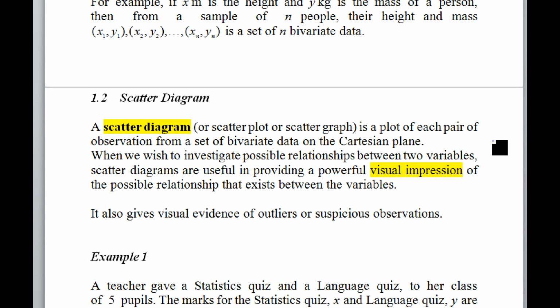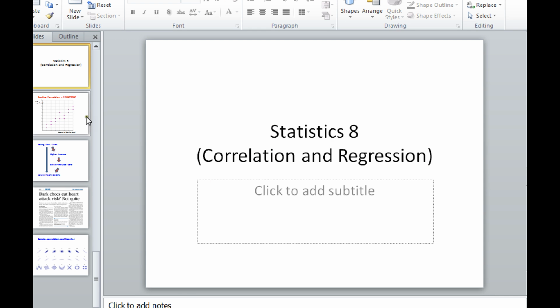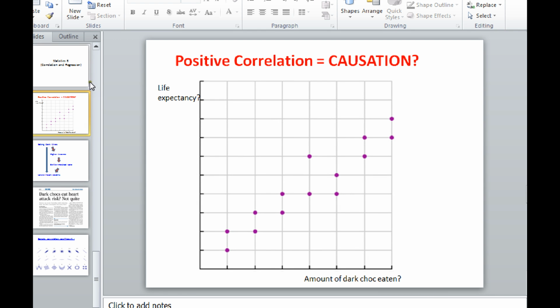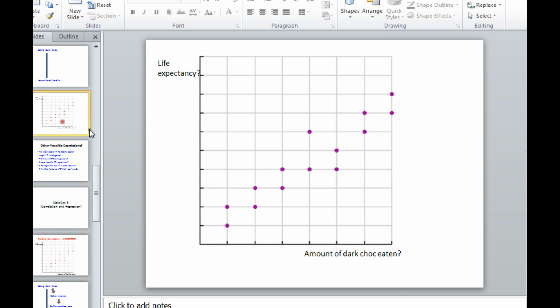Okay, what is a scatter diagram? Remember the slide that you saw just now? Remember this one? Wait, sorry, not this one. This one. This is what we call a scatter diagram, where each point constitutes one data point.